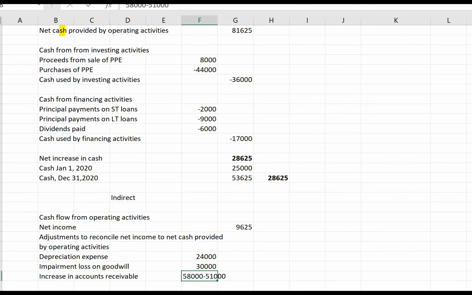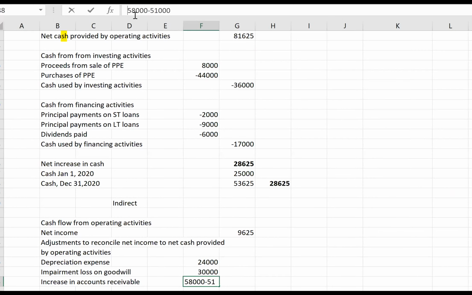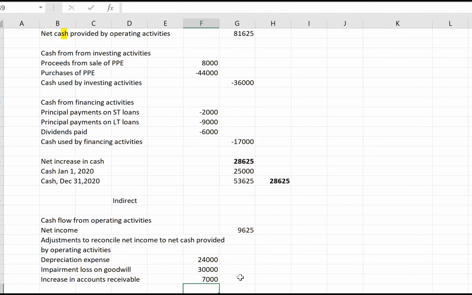Okay. So it increased by 7,000. So an increase in AR means that we got less cash because we gave more people terms. So we don't want that, meaning it's a use of cash. So this is going to be a cash outflow.